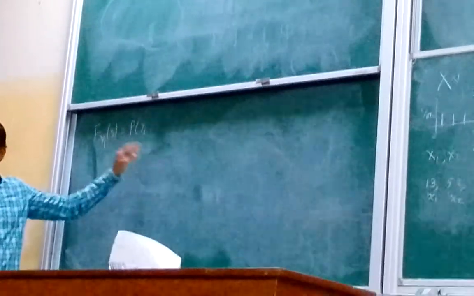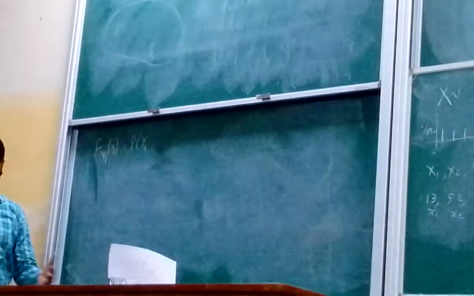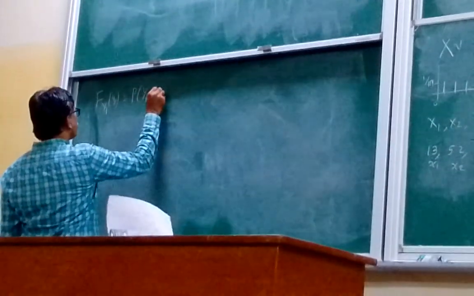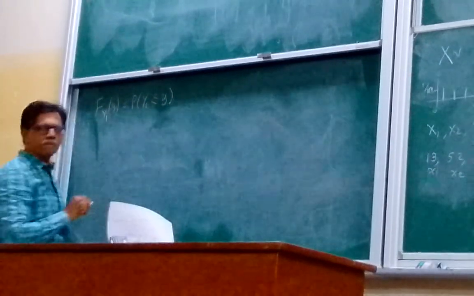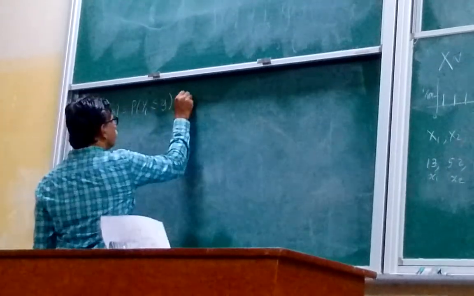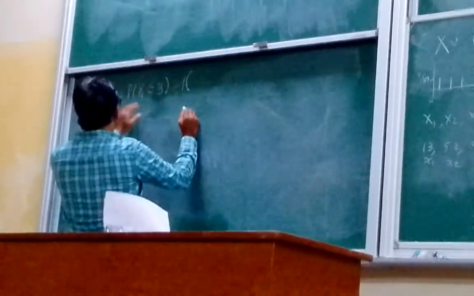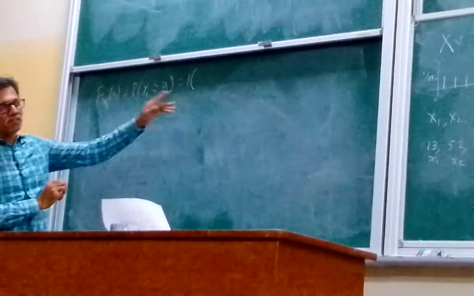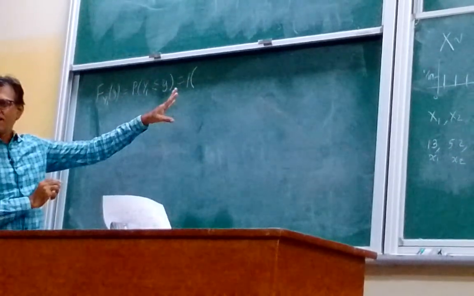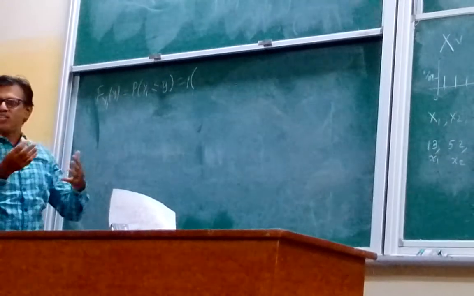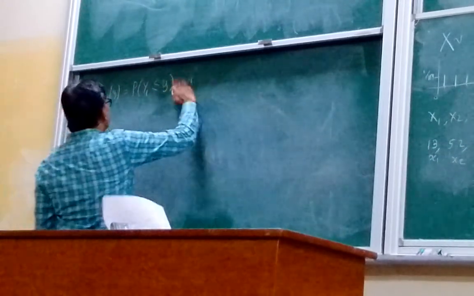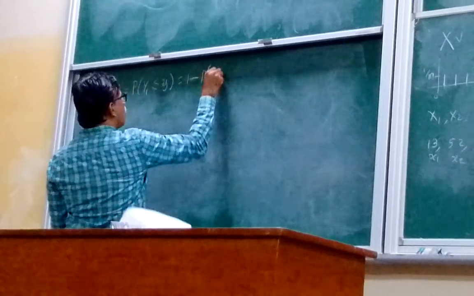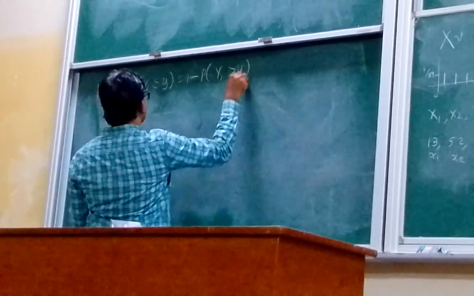Then you apply your logic and then slowly build upon it. That's it. This is what you have to do. But now if I straight away put min instead of max and so on, I will find it difficult to proceed further. So what I will do is, F_Y1 of y equals 1 minus the probability that Y1 is greater than y.